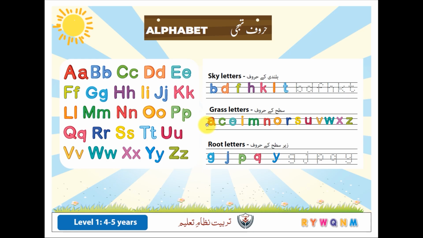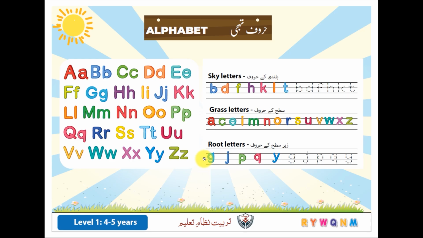Small a, small c, small e, I, M, N, O, R, S, U, V, W, X, and Z are called grass letters.